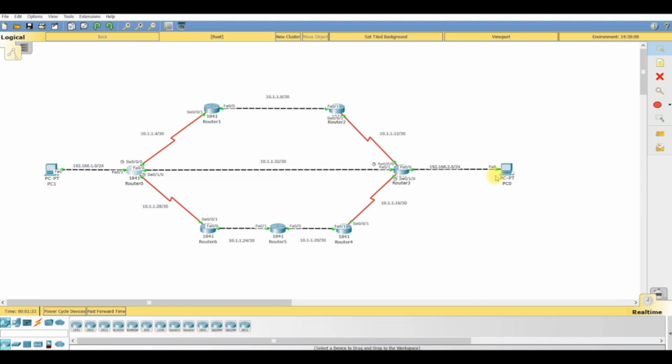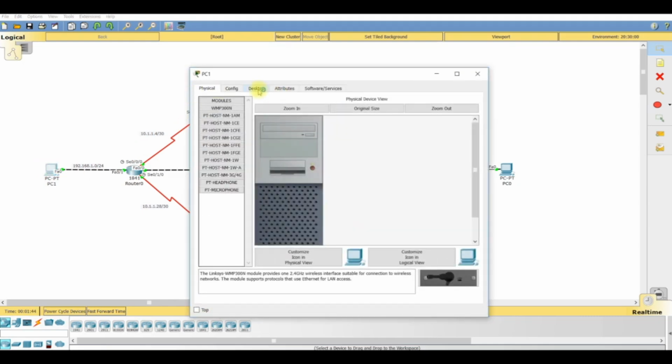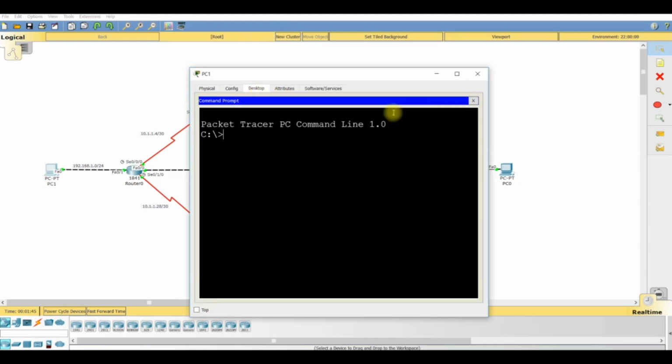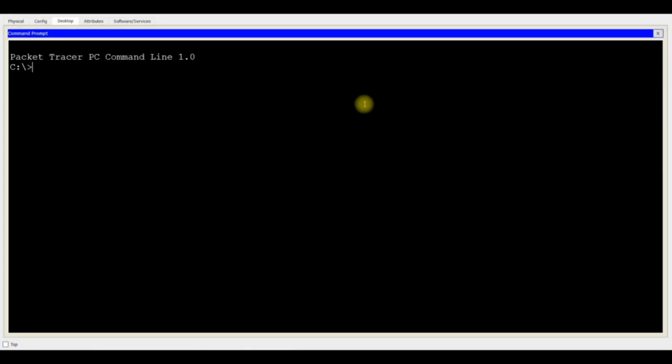So we're going to change that. We want the packet to go this way. And you can also do a traceroute if you wanted to. You go to the desktop, and tracert, being in Windows, and we'll go to 192.168.2.1.